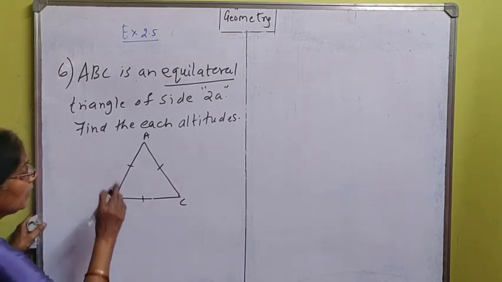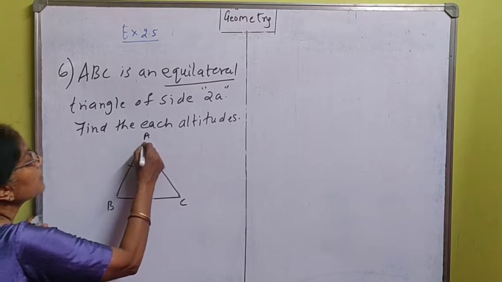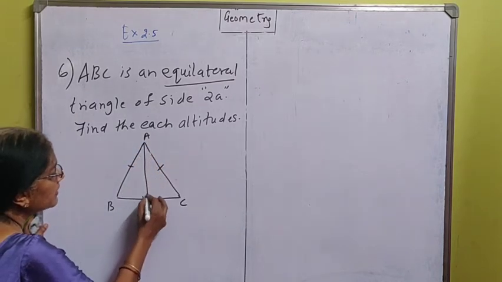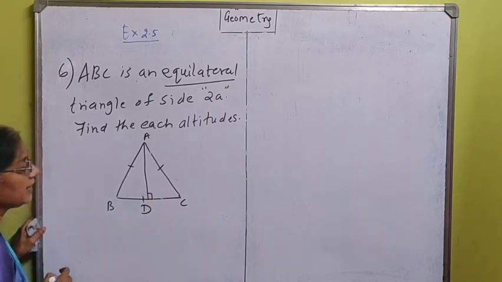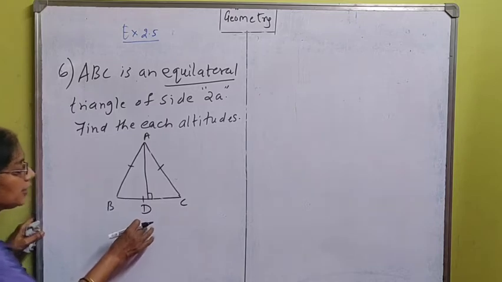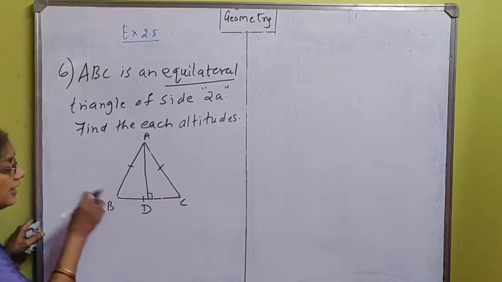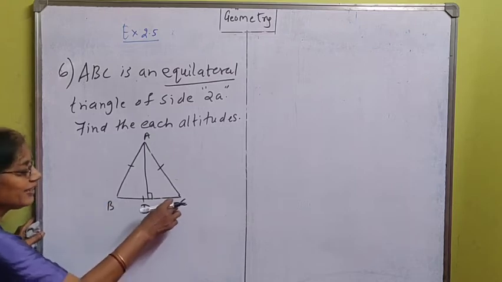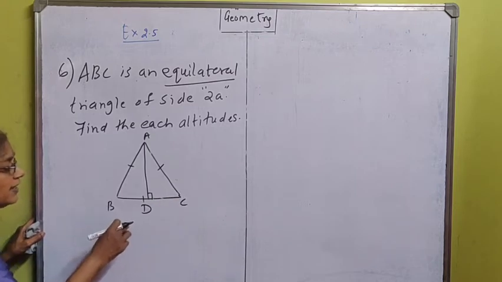So I am going to take only one altitude, that is from A. I am going to draw an altitude AD, which is 90 degrees. So now AD is an altitude in equilateral triangle ABC, where D is the midpoint of BC. That means what happens?